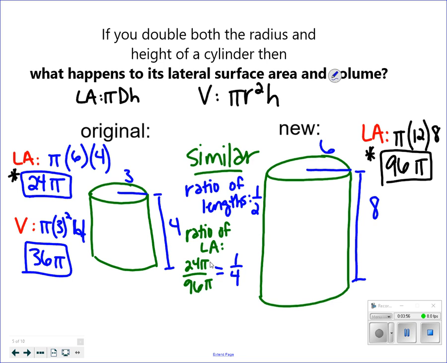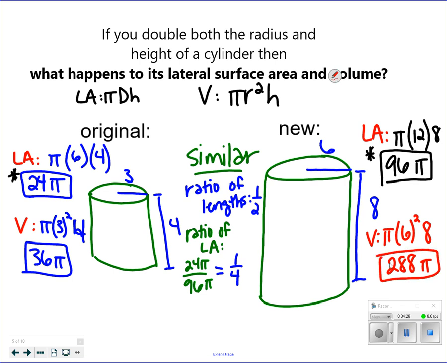Okay? So, what if I looked at the volumes? If I look at the volume, it would be pi r squared, so 6 squared, times the height, which will be 36 times 8, and 36 times 8 is 288 pi.